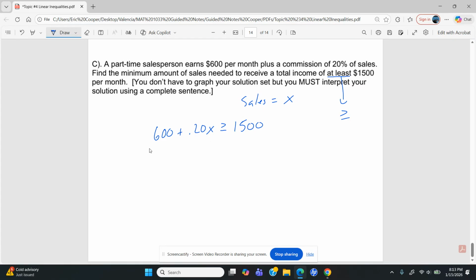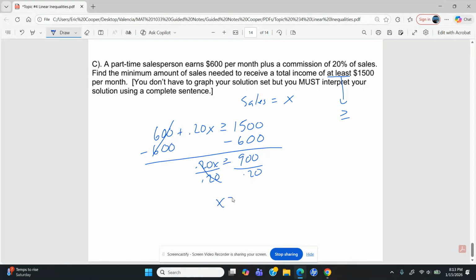My job is to get x by itself, so I have to get rid of the positive 600. So I'm going to subtract the 600 from the other side. In this case, I get 0.20x is greater than or equal to 900. And to get x by itself, I'll divide by 0.20.